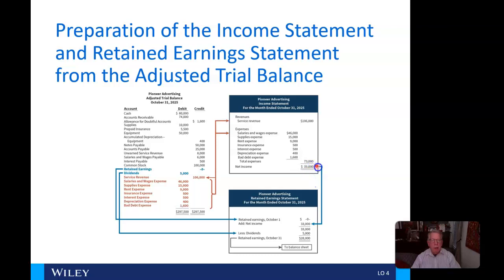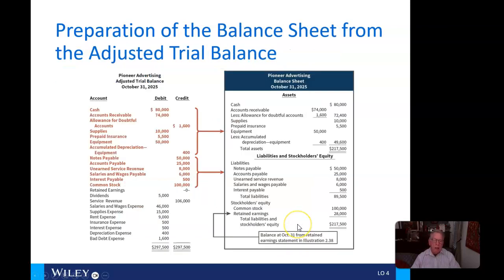The net income then is going to roll down here, and we're going to back out additionally the dividends, which are shown here in cyan. I guess that's that color. And we subtract that here to get to retained earnings ending. And then we're going to take that little jewel and bring it over into the balance sheet.